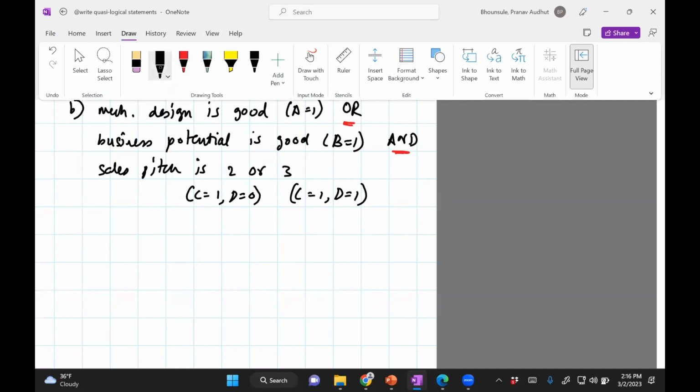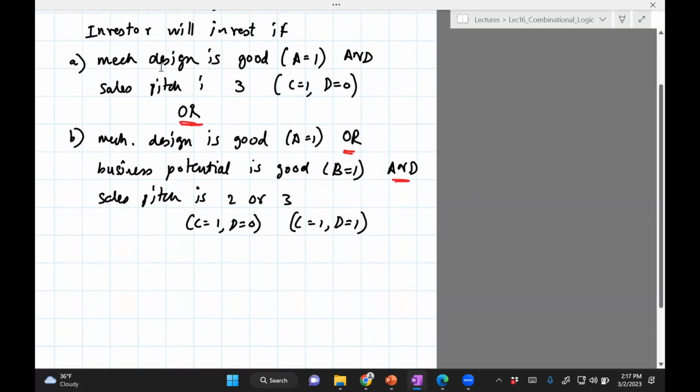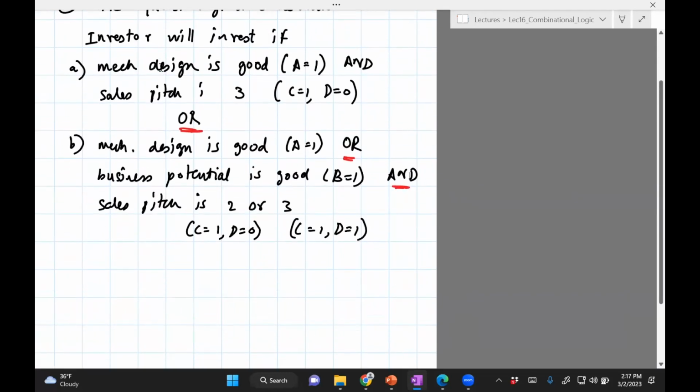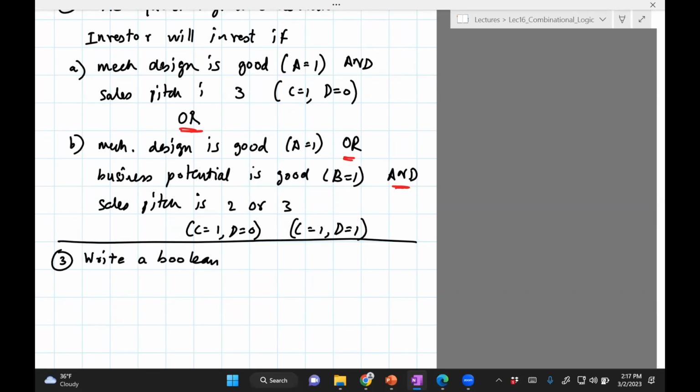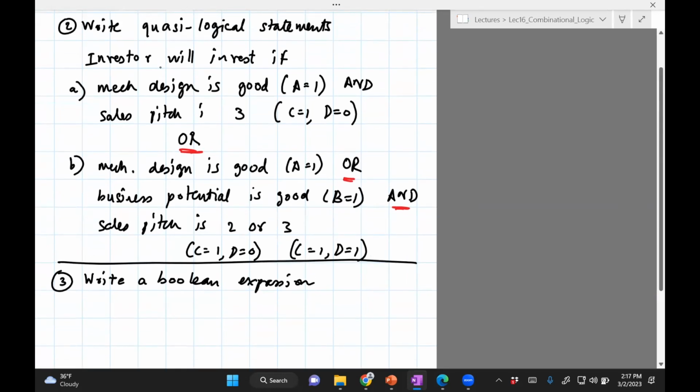Okay, so third step is we'll take these 2 statements and write a Boolean expression. Now, here I should also put y equals 1. That's the output.